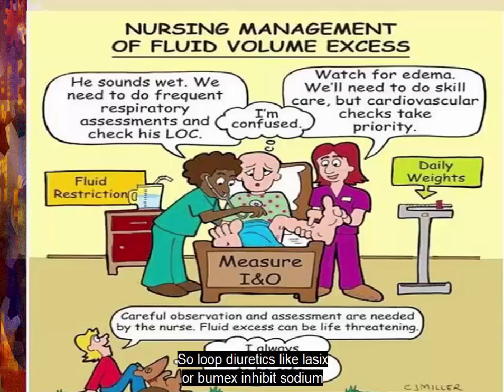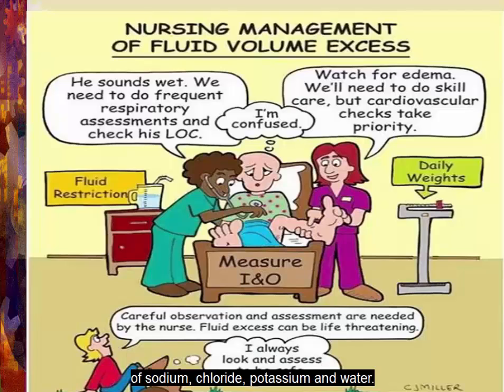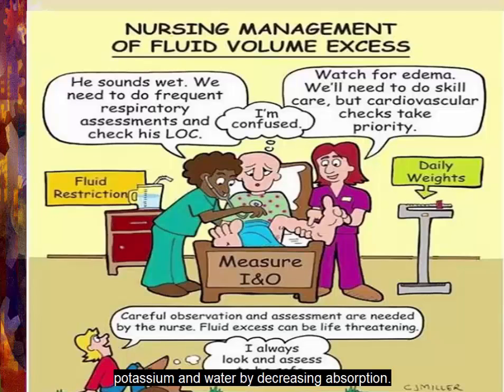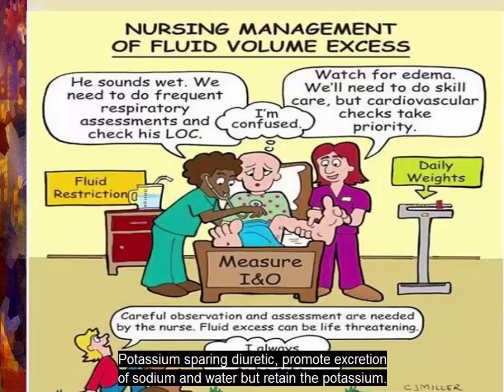Loop diuretics like Lasix or Bumex inhibit sodium and chloride reabsorption, promoting the excretion of sodium, chloride, potassium, and water. Thiazide diuretics promote the excretion of sodium, chloride, potassium, and water by decreasing absorption. Potassium-sparing diuretics promote excretion of sodium and water, but retain the potassium.